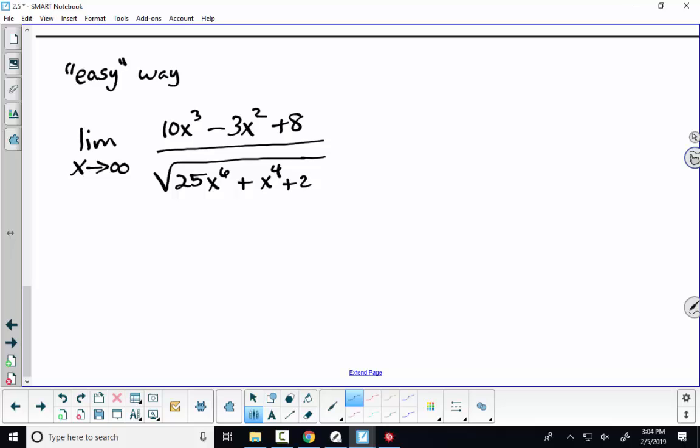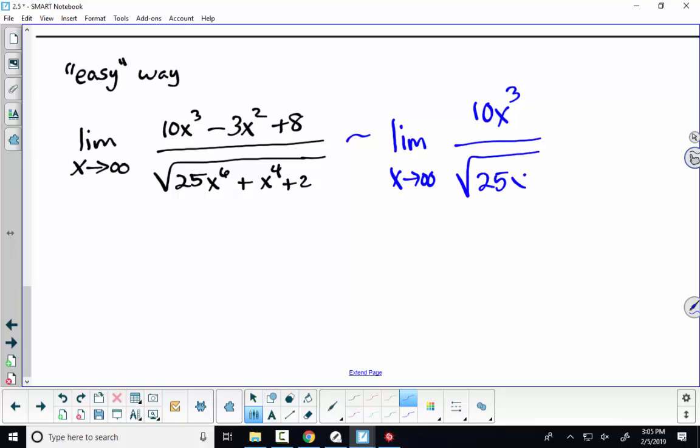Okay. So as long as we're discussing limits at infinity, then we can say that this limit is pretty much identical to this limit. Right, all of those lesser terms are insignificant as x approaches infinity. But then you still have to simplify this algebraically.